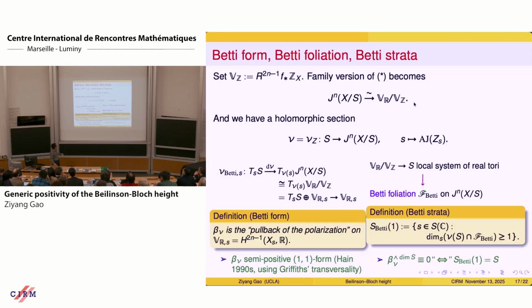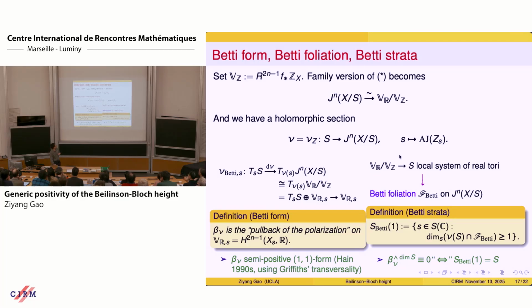Then when you see that, you can define the so-called Betti map and so on, but here I'm going to do it in this new situation. First of all, we have this holomorphic section which sends each point on the base to the Abel-Jacobi image of this homologically trivial cycle Z that we had.